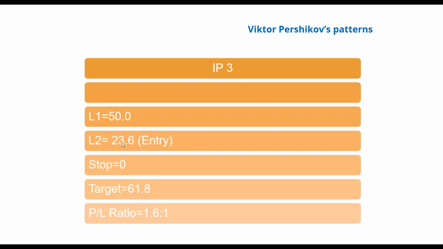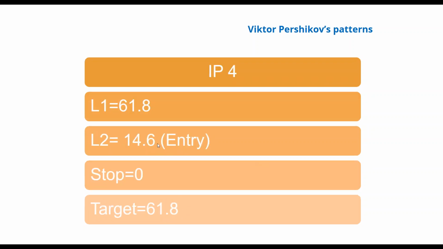Level 1 here, 50, you see entry here, stop here, target, and profit to loss ratio. And finally IP4, price needs to hit 61.8, then go to 14.6, that is the entry, stop is 0, target is 61.8. Okay, so interesting premise. I really like it, and you can work on that.